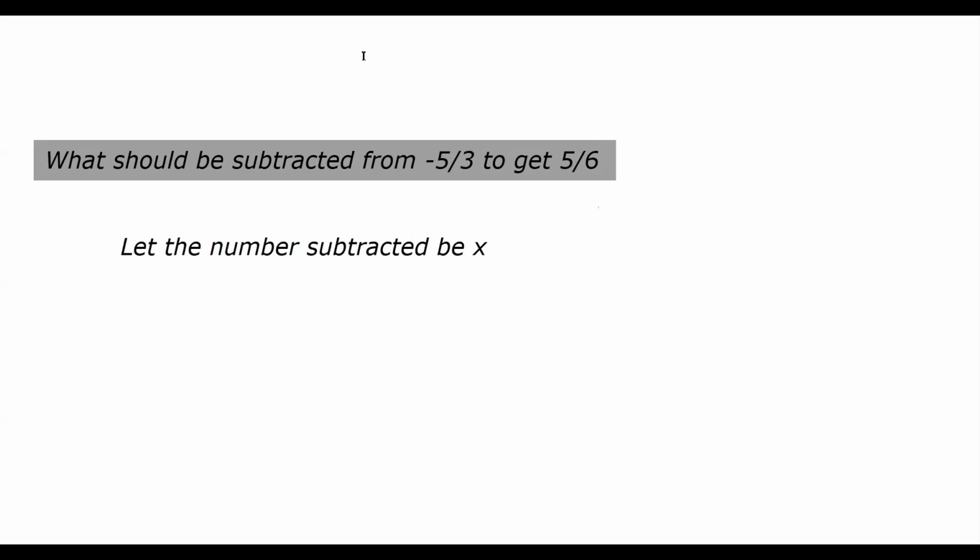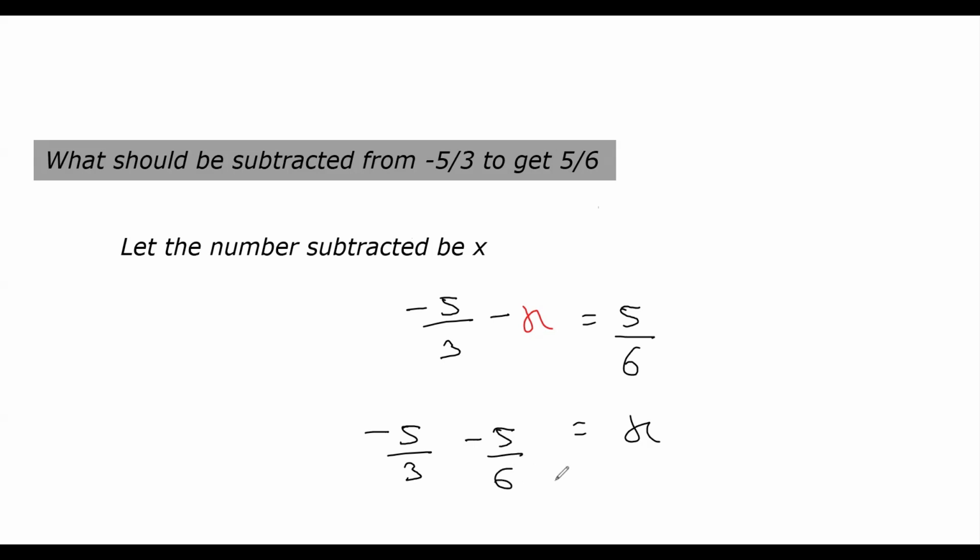We are going to subtract x from negative 5 over 3, which should give you 5 over 6. Now, we should make the variable positive, so I should transpose it to the right hand side, so it becomes positive x. On the left hand side, we have negative 5 over 3, and on transposing 5 over 6, it becomes negative 5 by 6.